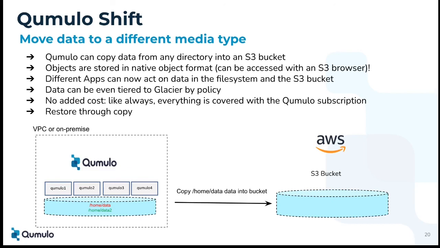You could even decide to use tiering to move data down to Glacier, which is very attractive pricing for archiving data. And from our perspective, on the Qumulo side, it's no additional cost. Like always, everything is covered with the Qumulo subscription, and the restore could be done by copying data back from the bucket to your file system.